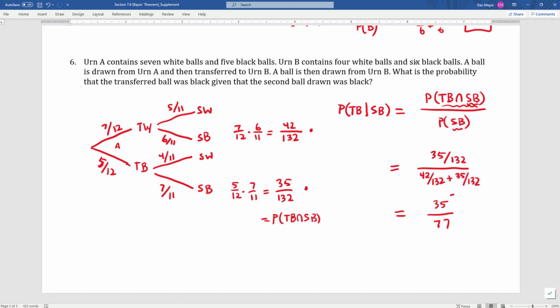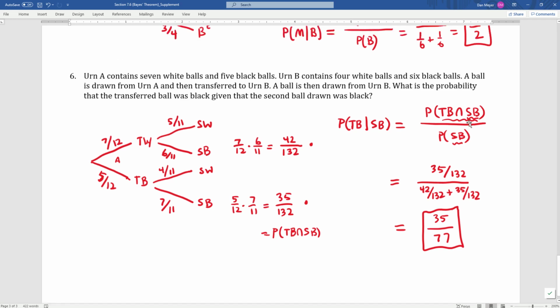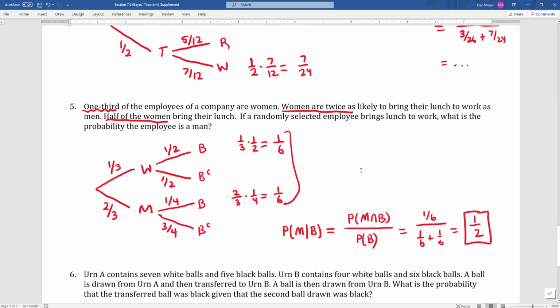All right, now, hopefully as you were watching, you got sick of hearing me say we're going to use the basic conditional probability formula. I certainly got sick of it. We used it in every single one of these problems.